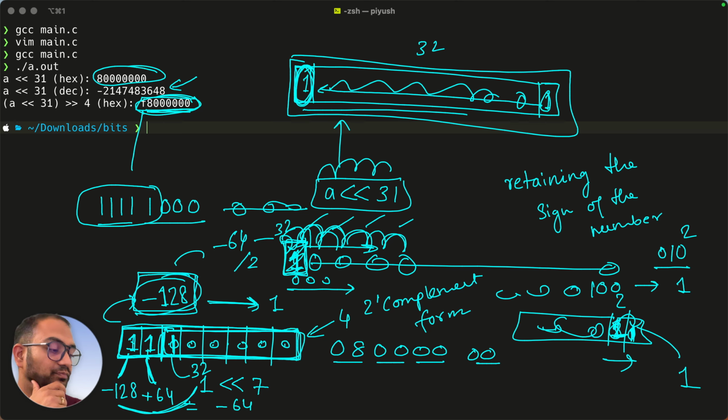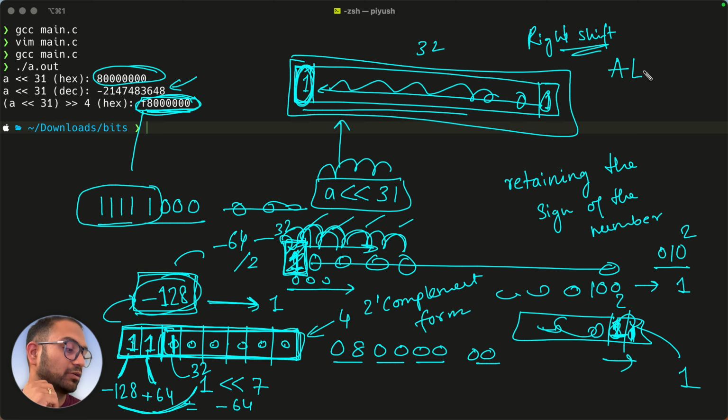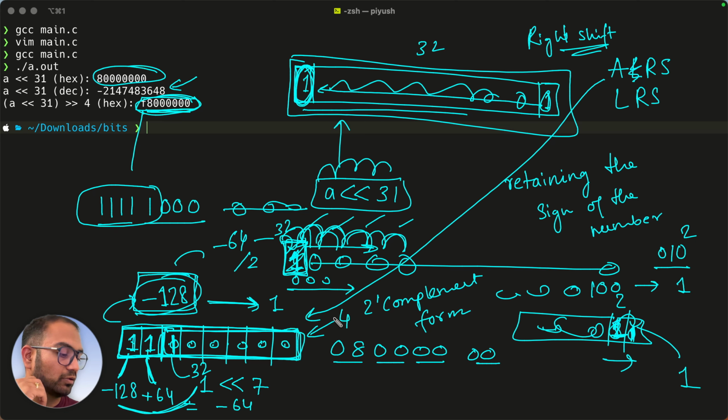Now, there are 2 types of right shift at the assembly level. One is called the arithmetic right shift, and the other one is called the logical right shift. So what we have taken a look at in case of signed numbers, again, this only relates to right shifting.